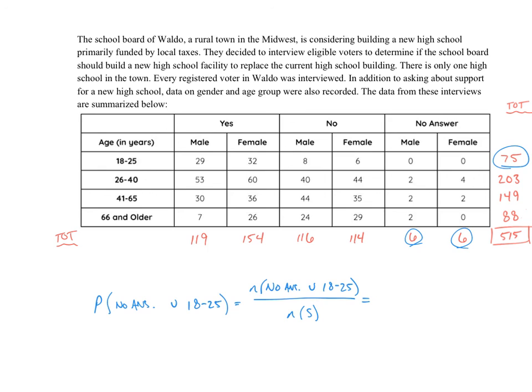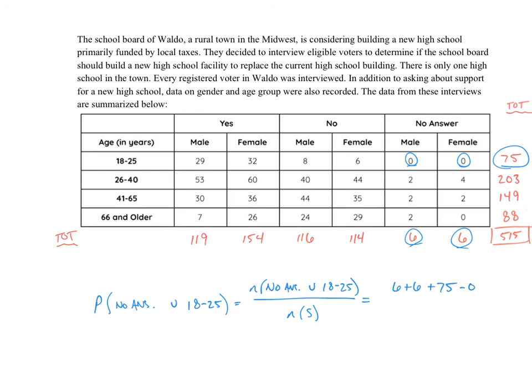I'll say that that's the 6 people plus those other 6 people plus those 75 people, right? So these are my no answer people, and I'm going to add to that the 18 to 25 years old people, but I have to take away anyone who's in both of those groups. And in this case, we're very fortunate that there is no one in the intersection of those groups.